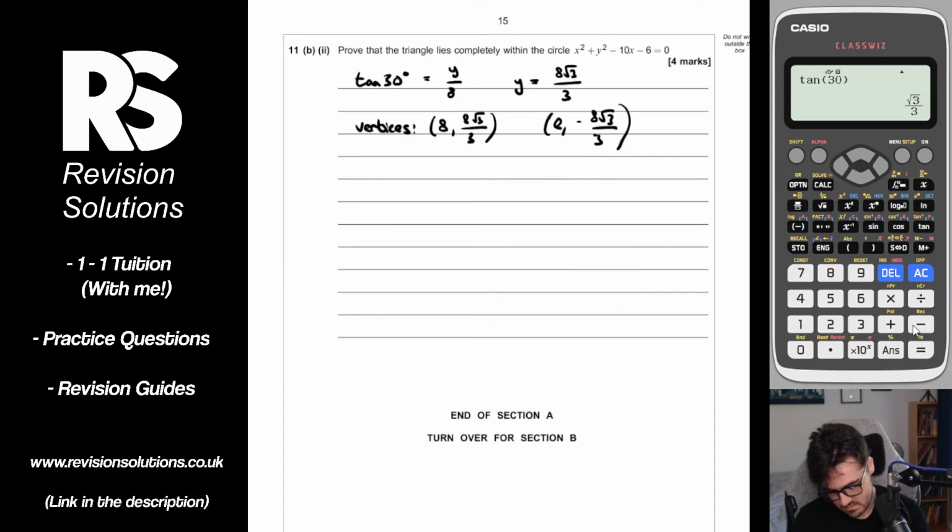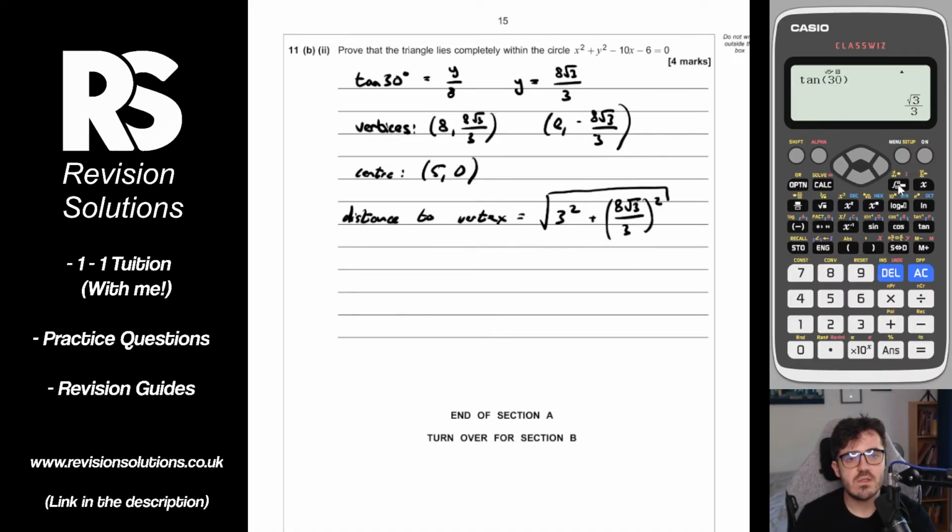And our center is still 5, 0. So let's find the distance to one of these vertices. So distance to vertex, that will be the square root of the difference in the x coordinate, so the square root of 3 all squared, and then the difference in the y coordinate squared, well, that's just going to be plus 8 root 3 over 3 all squared.